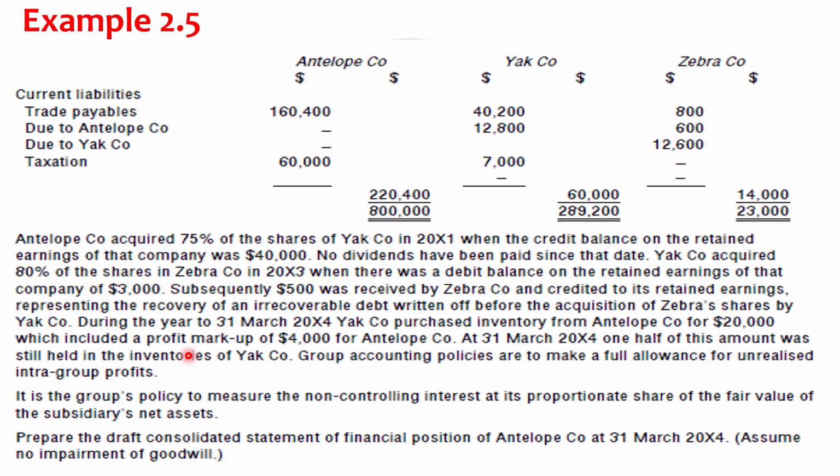You can treat the debit retained earnings of Zebra separately from the bad debt recovered, or you can adjust the bad debt recovered against the retained earnings of Zebra.